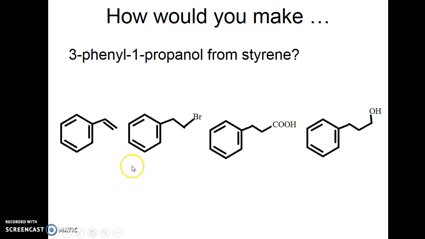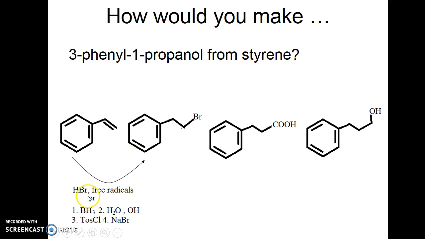Well, let's look at what conditions we can use to go from styrene to anti-Markovnikov addition of bromine. Notice it would be hydrobromic acid added across this double bond. Well, one thing we haven't discussed much in this course is that if you use hydrobromic acid and you have free radicals in there, you get anti-Markovnikov addition of the bromine.